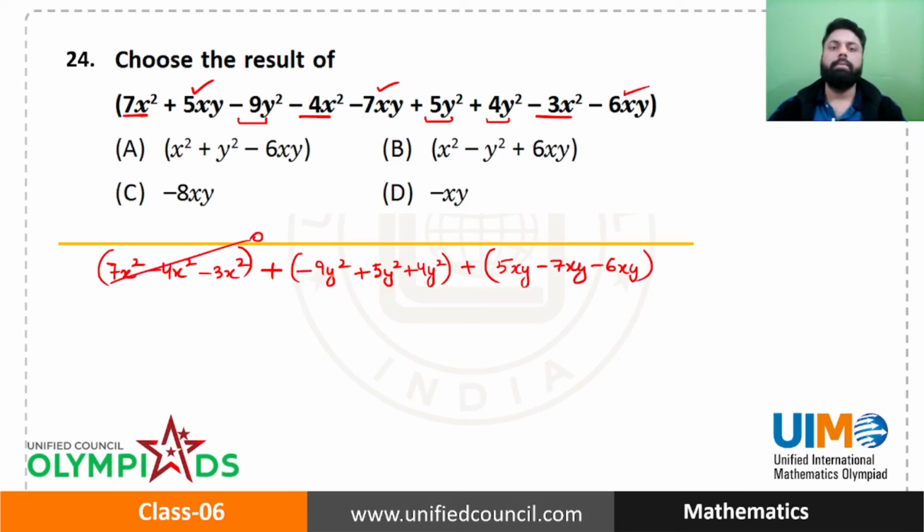Minus 9 plus 5 is minus 4 plus 4 is 0. 5 minus 7 is minus 2, minus 2 and minus 6 is minus 8. So this is minus 8xy.